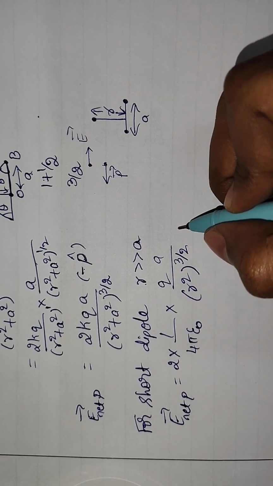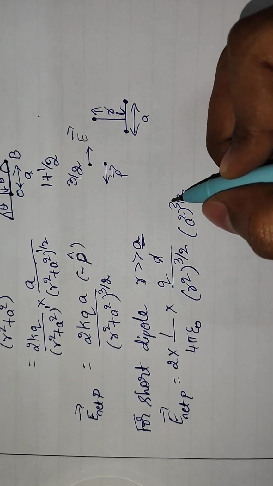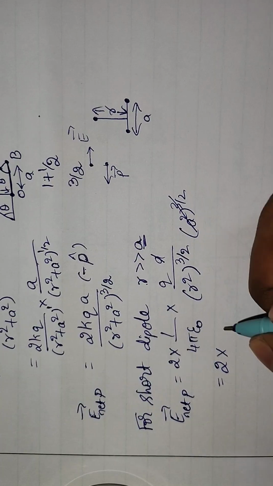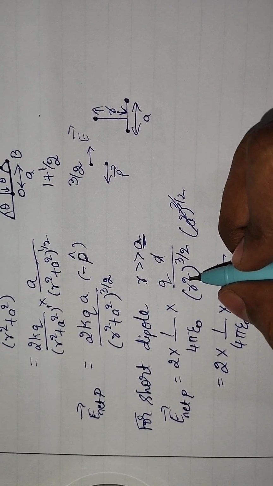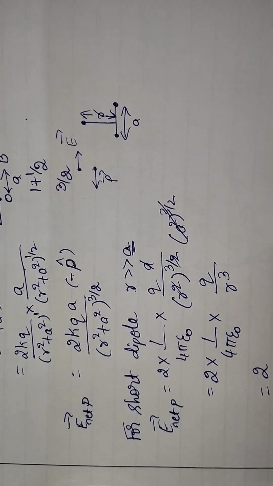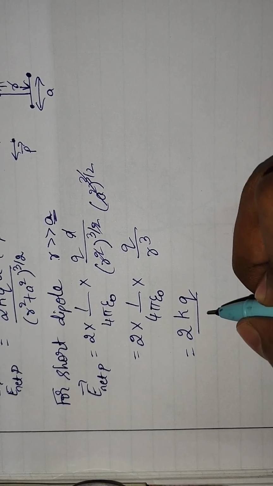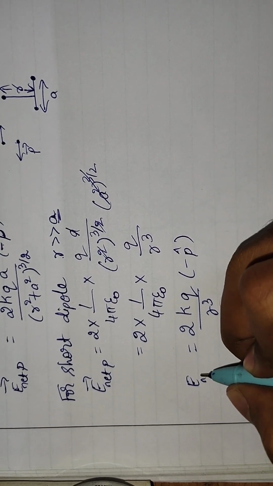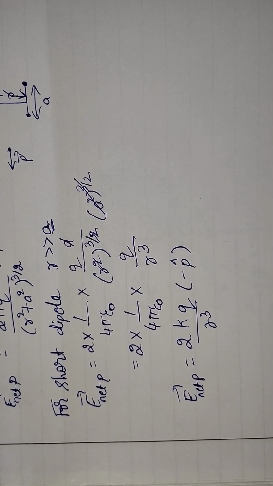Since a is a very small quantity, we can ignore a square and a power 3 by 2. So it will be 2 times 1 by 4 pi epsilon naught into q divided by r cube, the 2 and 2 get cancelled. So this whole quantity is k q divided by r cube, direction is minus p cap. This is the net electric field due to the dipole at any equatorial point.